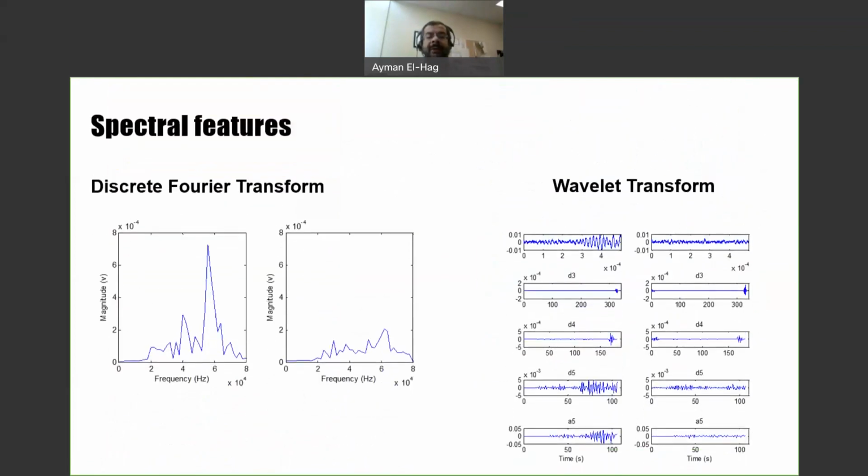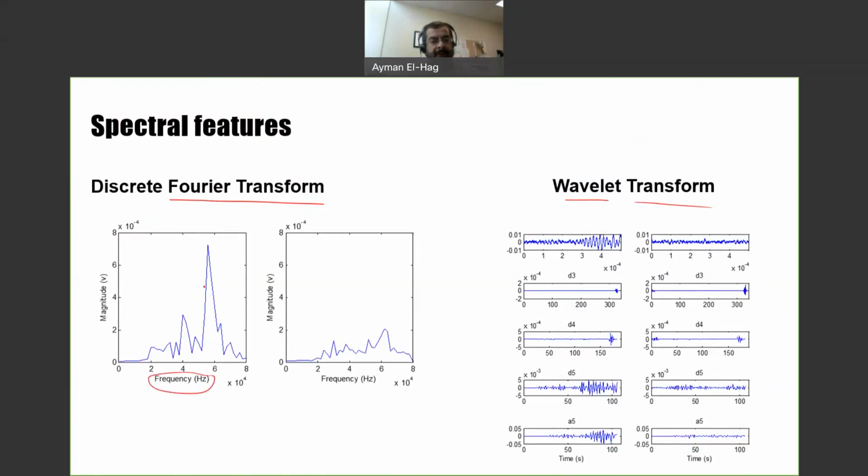Also, you can deal with spectral features. So you can use the Fourier transform, or more advanced, the wavelet transform. Hopefully in the future, we will come and talk about these two, which give the frequency content of the signal. Here, the Fourier transform for the signal, you can see in the x-axis, this is the frequency.